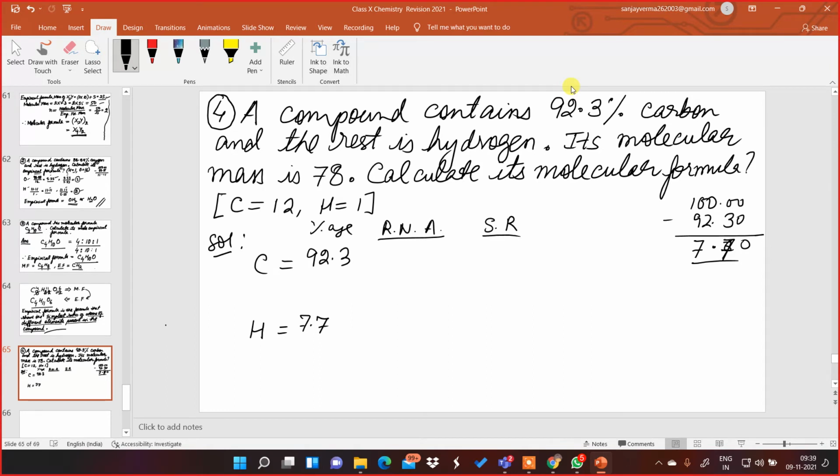To get the relative number of atoms, divide 92.3 by 12, and 7.7 by 1.